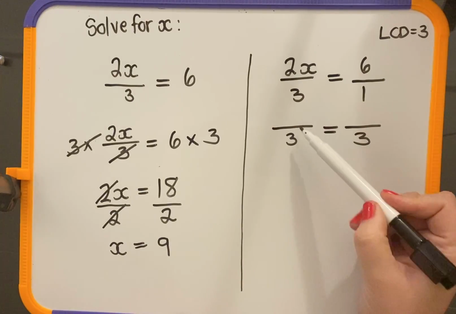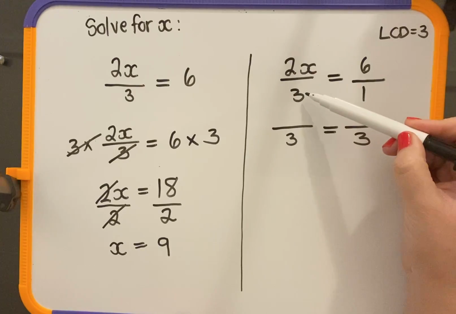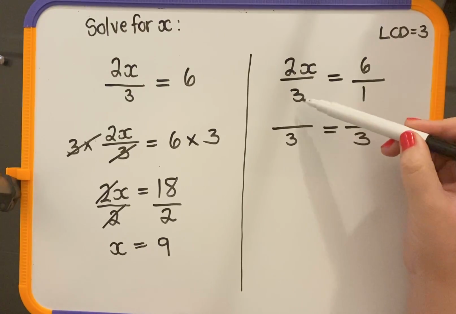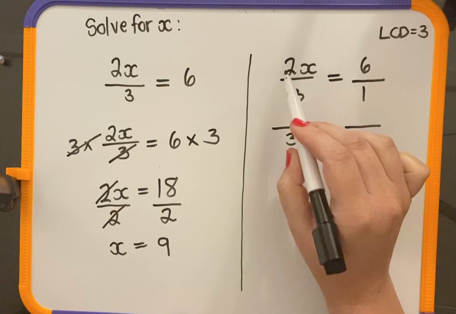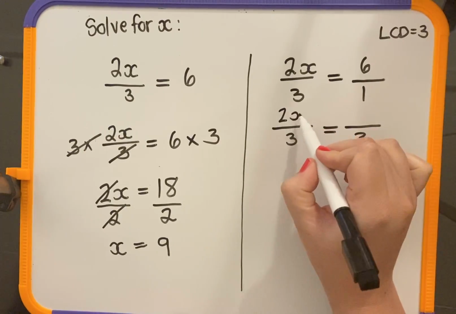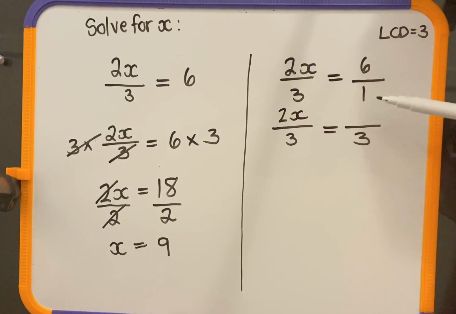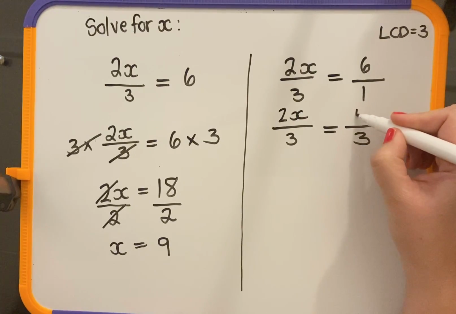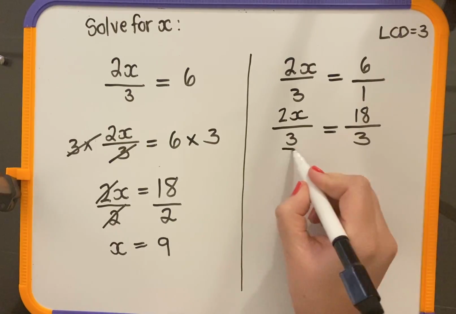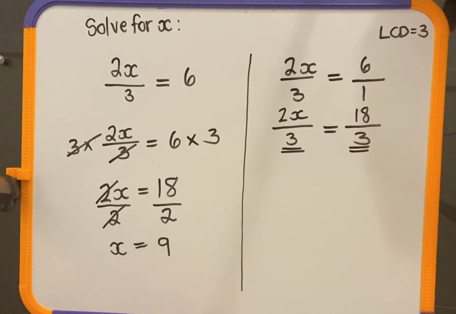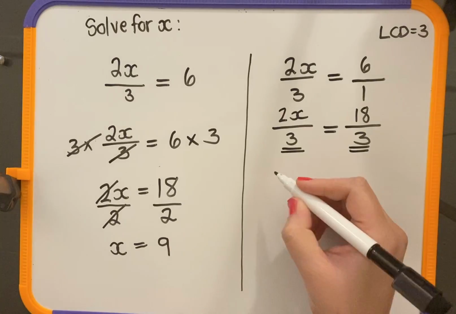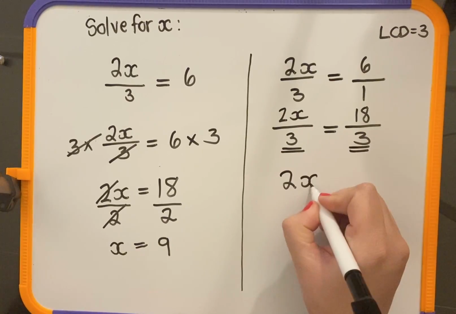So here I've got a 3 already. So I say, okay, to get from 3 to 3, I multiply by 1. So 1 times 2x is 2x. On this side, to get from 1 to 3, I have to multiply by 3. So what I do to the denominator, I have to do to the numerator. So 6 times 3 is 18. Now, because my denominators are exactly the same, we can basically drop the denominator.